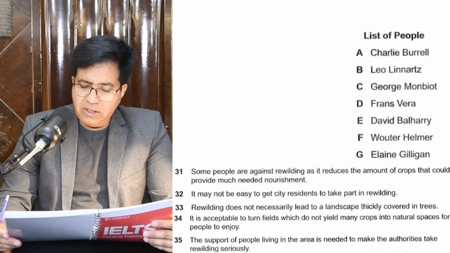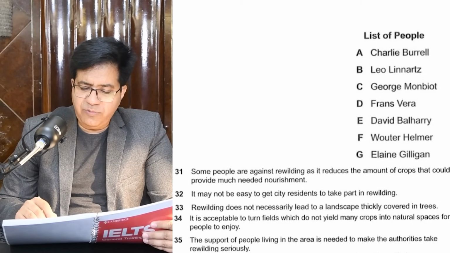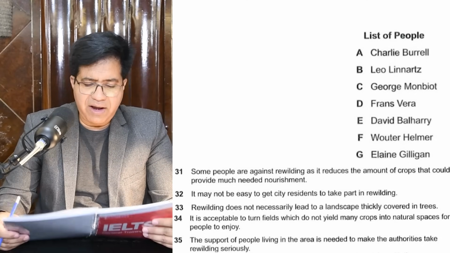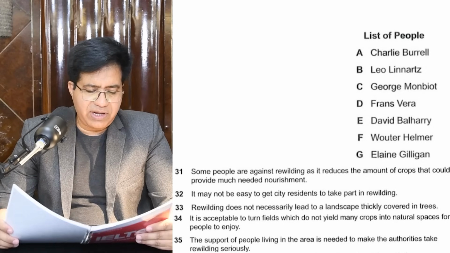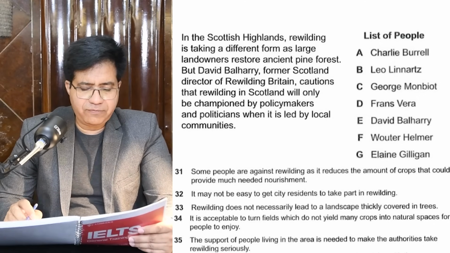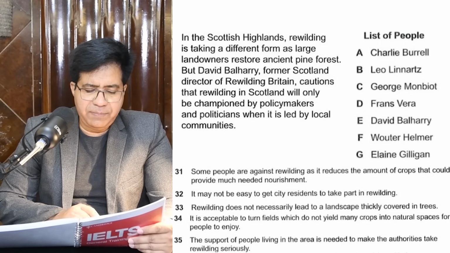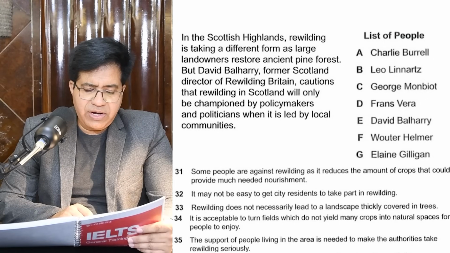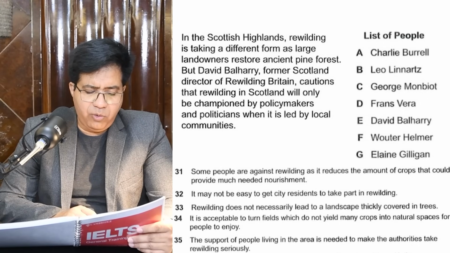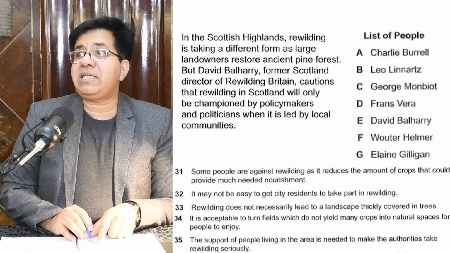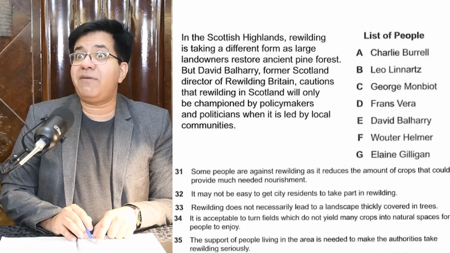All right, let's go on. After Franz Vera, what do we have? David Balhary. Now we go to David Balhary. Where is David Balhary? Fourth paragraph, title page. I'm reading it from the fourth line. But David Balhary, former Scotland Director of Rewilding Britain, cautions that rewilding in Scotland will only be championed by policymakers. Policymakers means government.